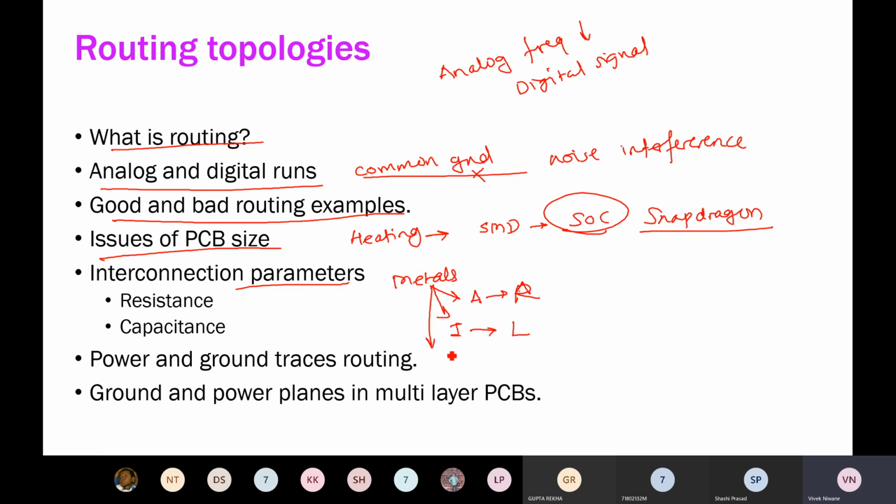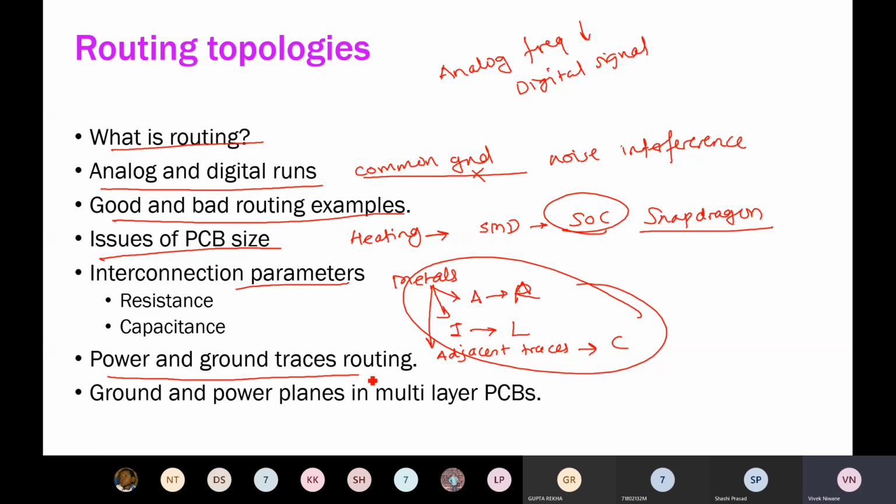There will be adjacent metal tracks, and adjacent metal tracks or traces are going to create capacitances. You cannot get rid of these terms. Even if you use gold or platinum as materials, you cannot get rid of these RLC components.